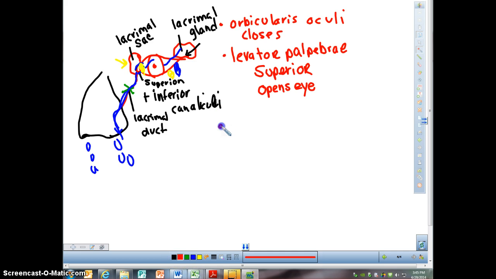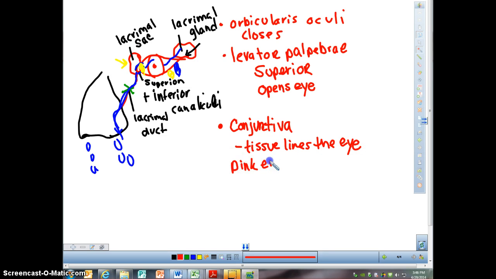Something else to keep in mind, a word that I want you to keep in mind, is something you've heard of. It's called conjunctiva. The conjunctiva is your tissue that lines the eye. You're probably most familiar with this because I'm sure you've heard of something called pink eye, which is called conjunctivitis.